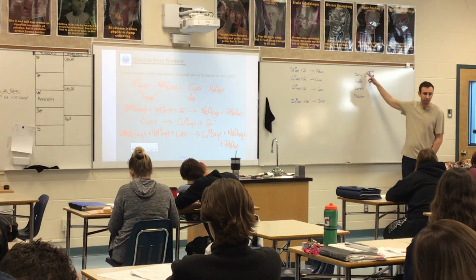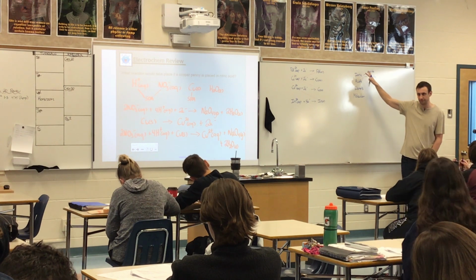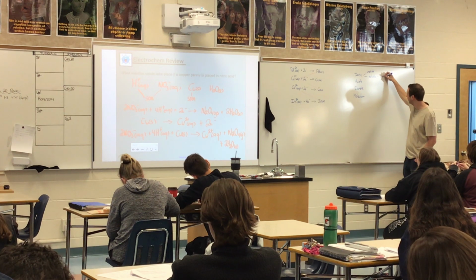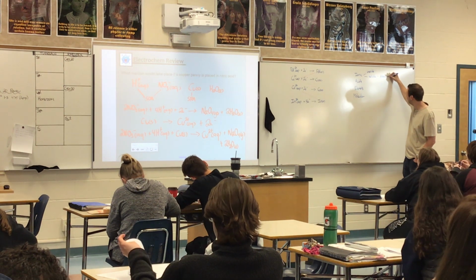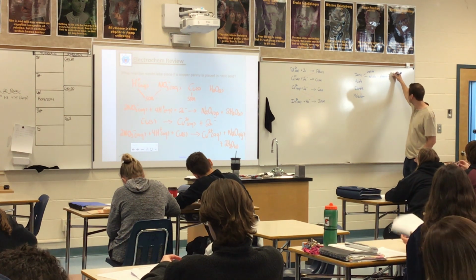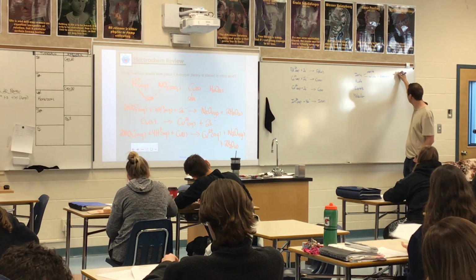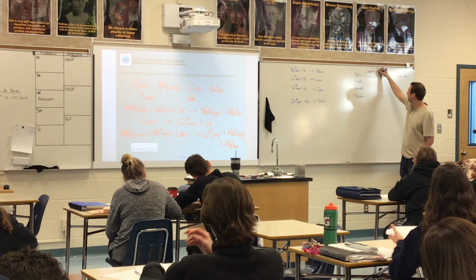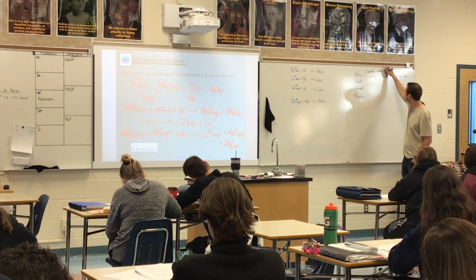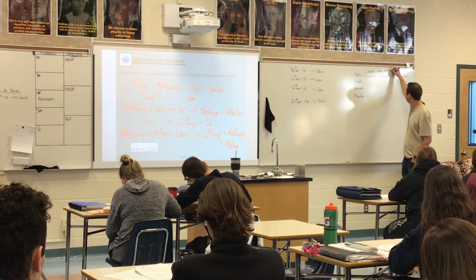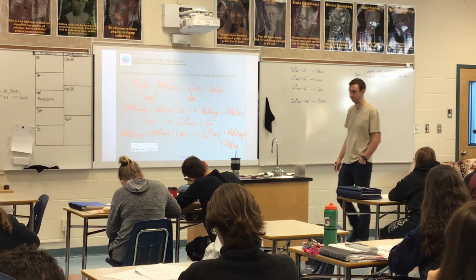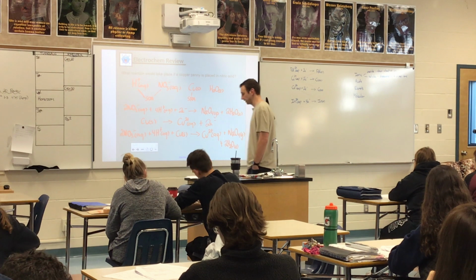How do you know which one it falls into? Solubility table. If it's soluble, it dissociates into aqueous ions. If it's insoluble, it stays intact. As a solid, it doesn't dissolve, it's just hanging out as chunks.